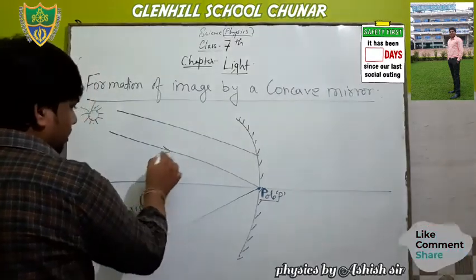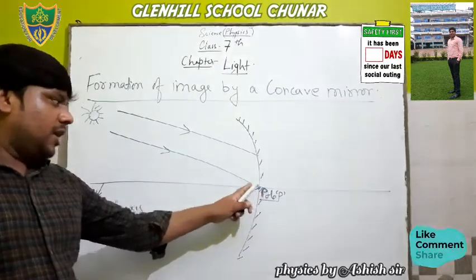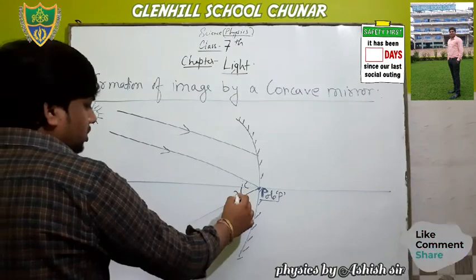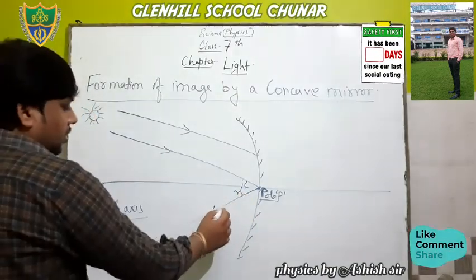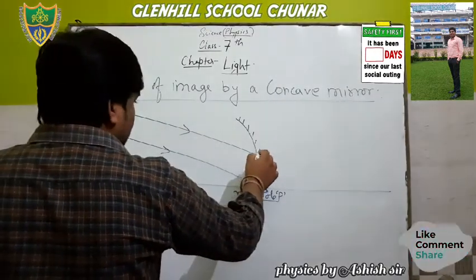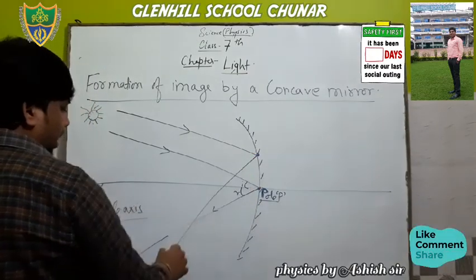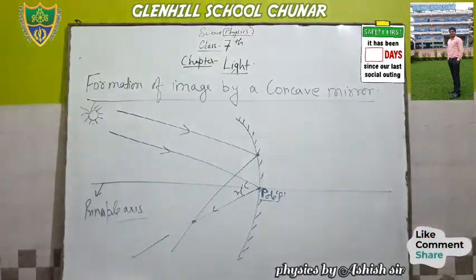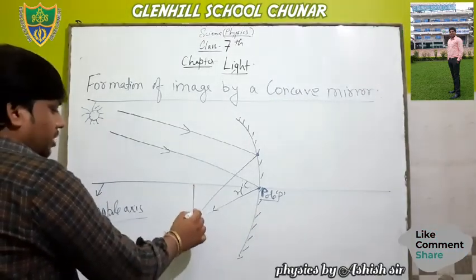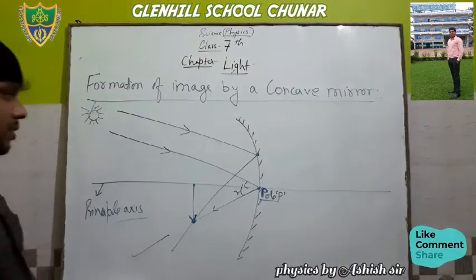If any ray strikes the pole, then it moves at the same angle. Suppose this is the angle I, so this is angle R, the same angle. Okay, and after striking this mirror, it moves and cuts here. Okay, so at the place where both the lights meet, there is a formation of image.